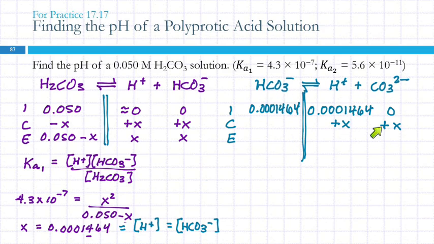So if products are plus X, they all have to be plus X. And that means that all the reactants would be minus X. So then we get 0.0001464 minus X and 0.0001464 plus X and X. So that's one line.